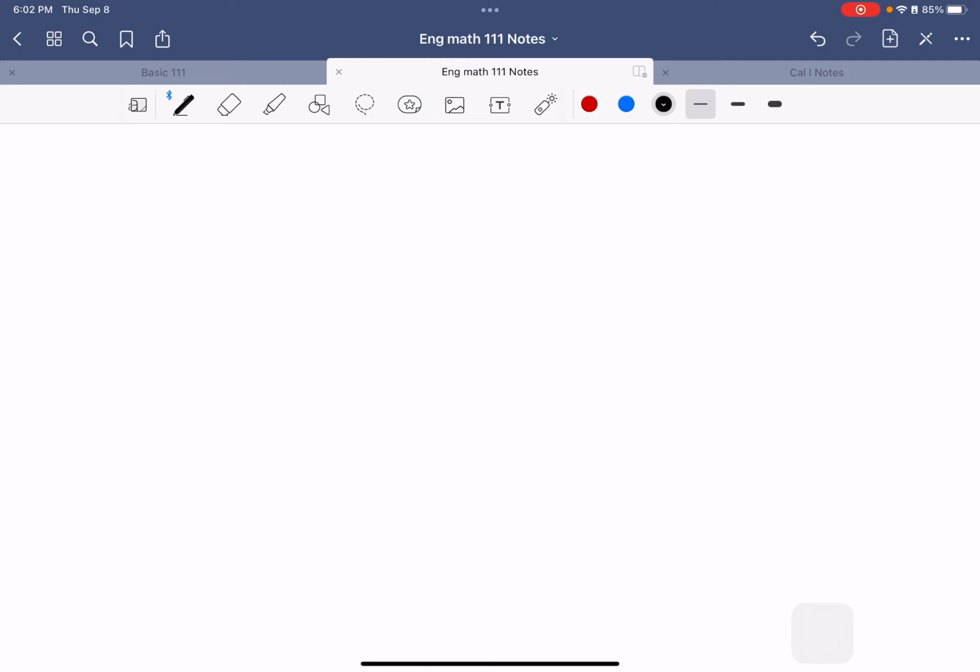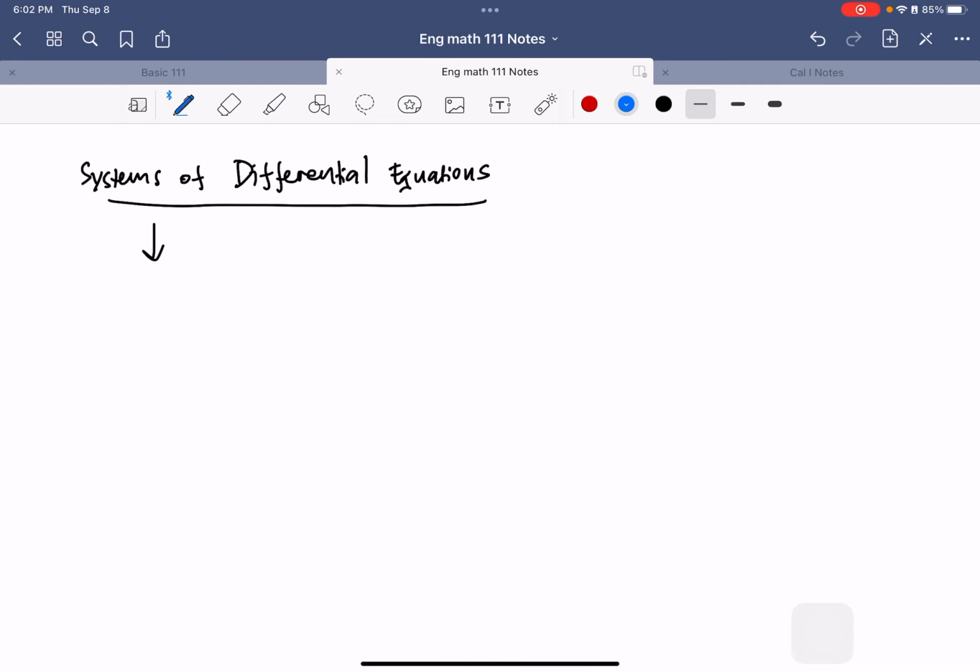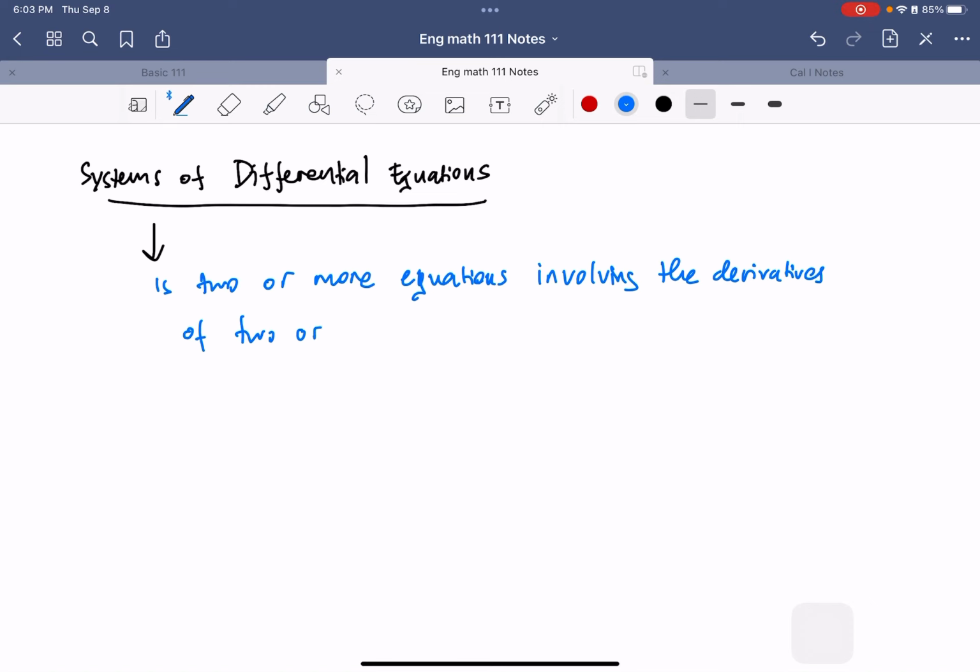So if we define a system of differential equations, the system is two or more equations involving the derivatives of two or more unknown functions of a single independent variable.